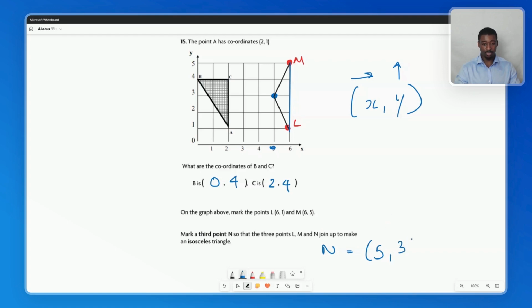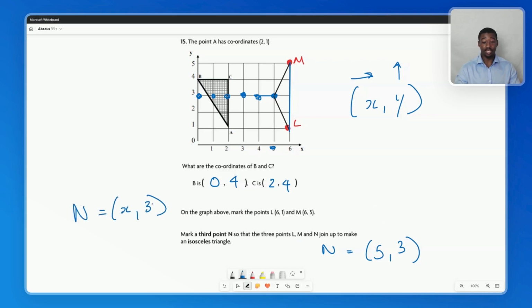So 5, 3. But really, any of these coordinates would have worked the exact same. Apart from this one, of course, because this wouldn't make a triangle. So we have 5, 3, but N could be anything.